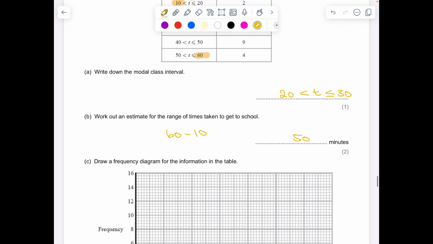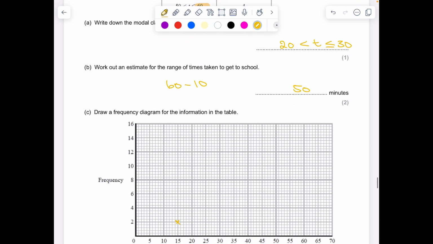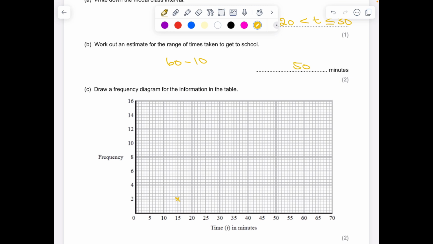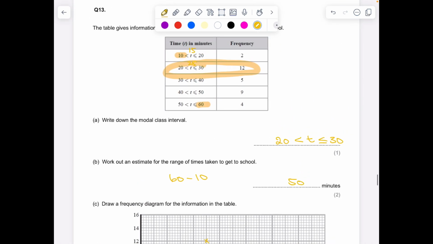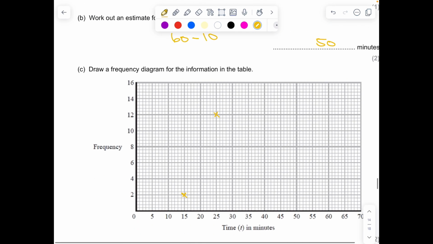Next one, the middle of 20 and 30 is 25. And so you go along to 25 and up to 12. Next one, in between 30 and 40 is 35. So I'll go 35, 5. So 35, 5 is smack bang in the middle of 4 and 6. So here.